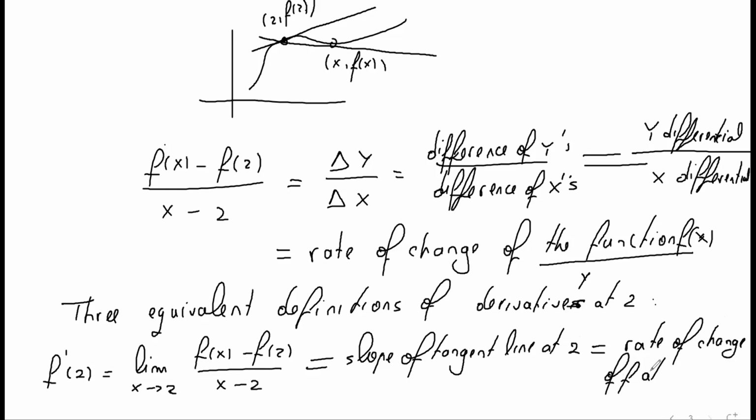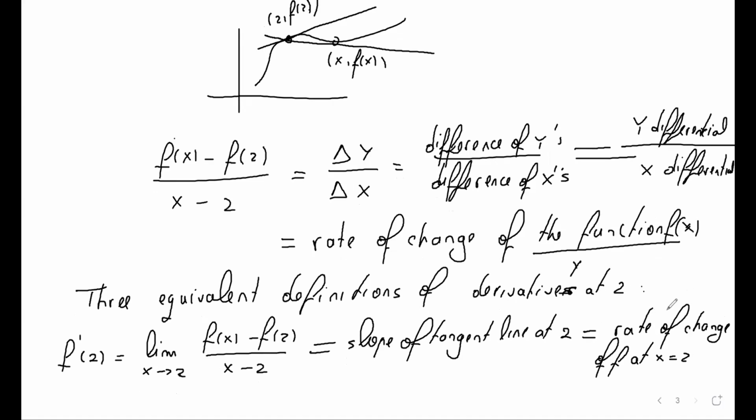Of f at x equals 2. Now that really means, folks, the terminology is a bit vague, and in your book you will find the rate of change used interchangeably with what would be the correct term, the instantaneous rate of change.